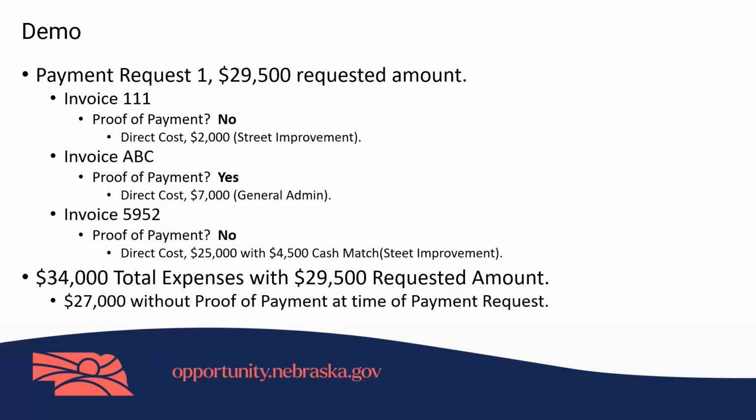So in this demo example, we're going to have 3 expenses. 2 of them, we are not going to have proof of payment at the time of our payment request, and one of them we will. So we're going to ask for $29,500, and then I will show you how to do that source documentation tracker for the two expenses that don't have proof of payment.